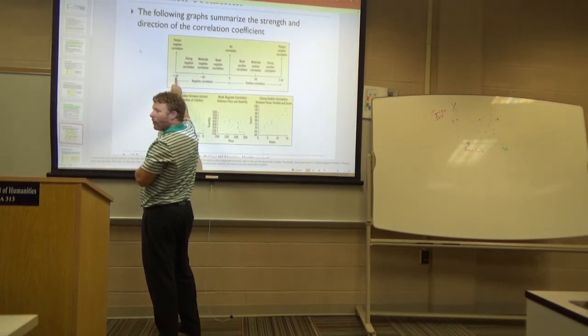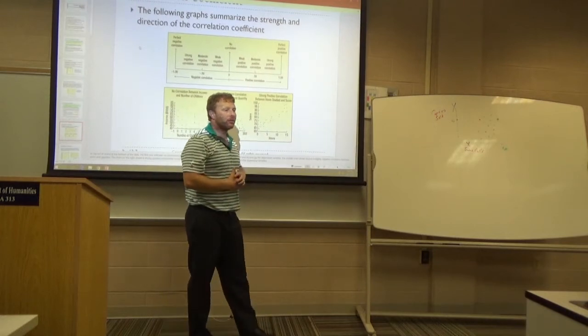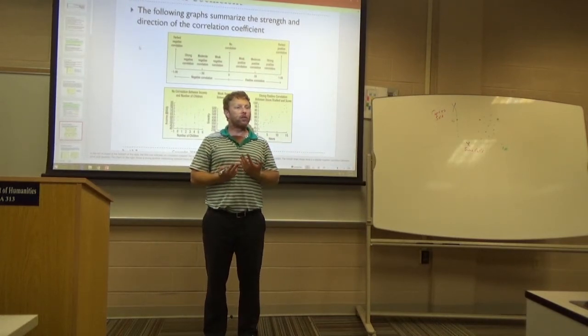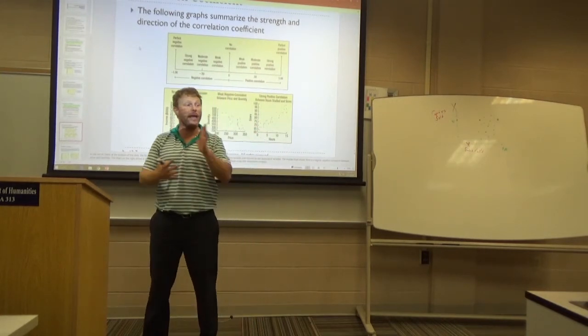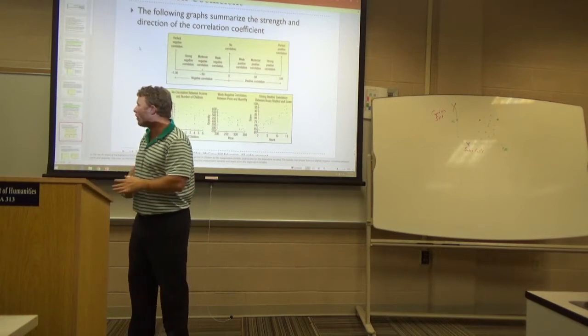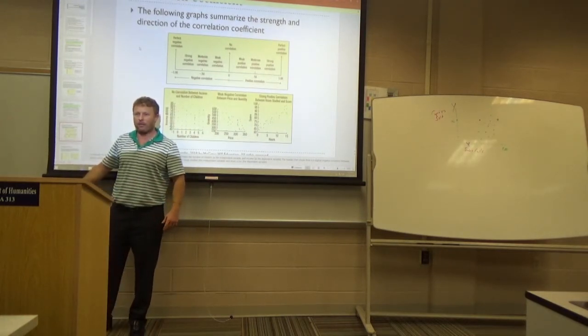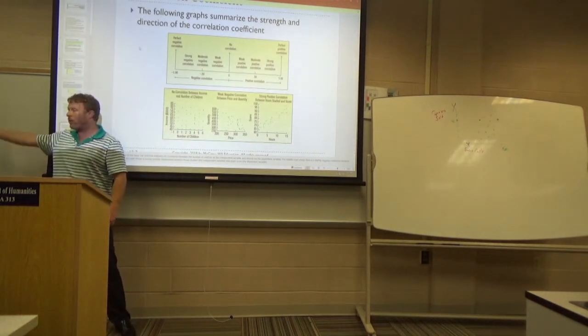If it's perfect, -1, right? But what if there's no correlation? It's 0, isn't it? So -1 does not mean there's no correlation. It just means it's a strong negative correlation. They are correlated, but they're going down like this, right? Okay. And positive ones mean, yeah, they're correlated, they're going up.